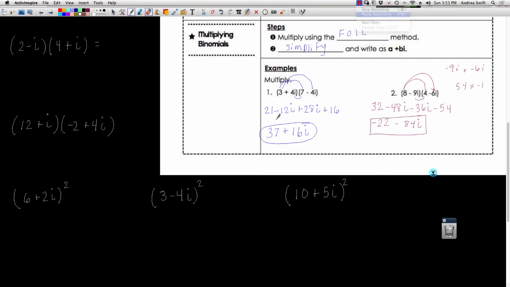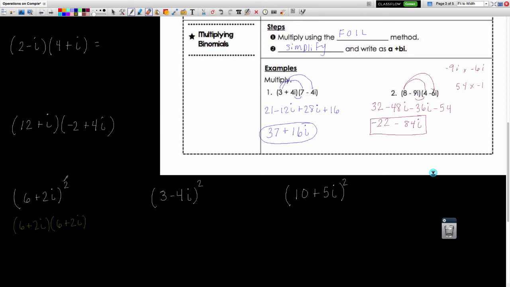All right, I've given you a few problems here to work on. You should have no problem with these first two. When you get down here, be really careful, all right? You cannot distribute exponents over addition or subtraction. You actually have to expand it. So this is the same thing as 6 plus 2i times 6 plus 2i.